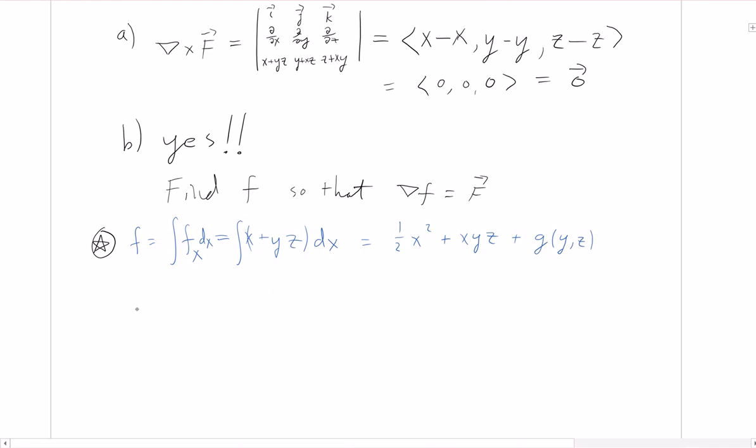So first, let's take the y derivative of equation star, of what we have so far for little f. The derivative of the first term is just 0, there's no y. The derivative of the second term is xz. And then plus, we don't know anything about g, so all we can say is the y derivative of g.